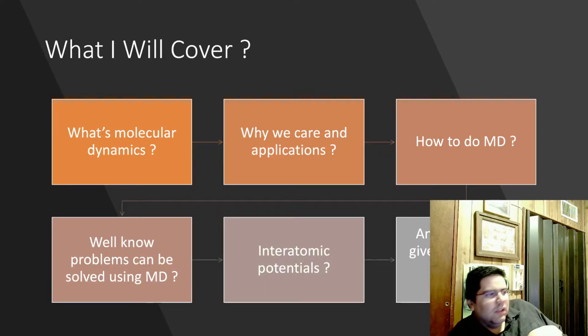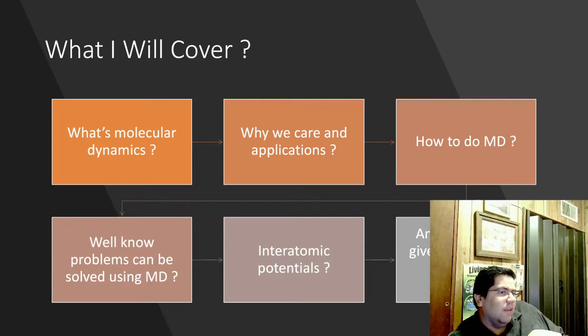I'm going to have to explain first what is molecular dynamics. So the first thing we have to understand is molecular dynamics, and then why we care, why we want to learn molecular dynamics, and what applications we can find in real life.